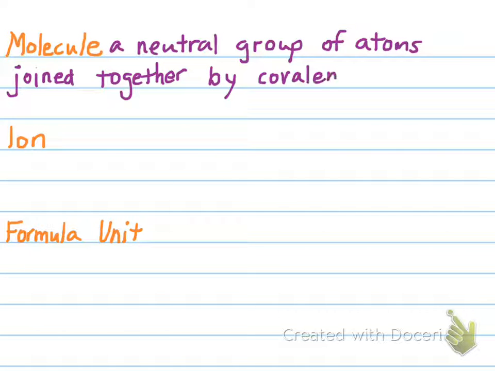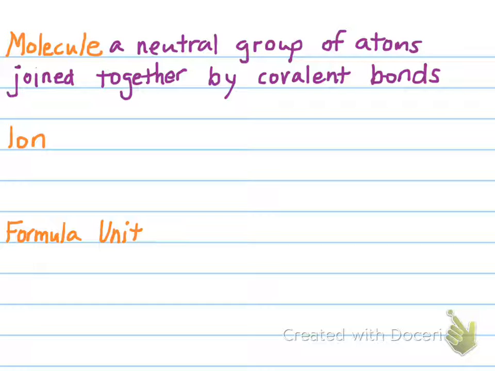Remember, in a covalent bond, we have a sharing of electrons to get an octet, and covalent bonds exist in covalent compounds, which are molecular compounds. And remember, we know something is a molecular compound because it's made of two nonmetals. So molecules typically are going to be made of two nonmetals.